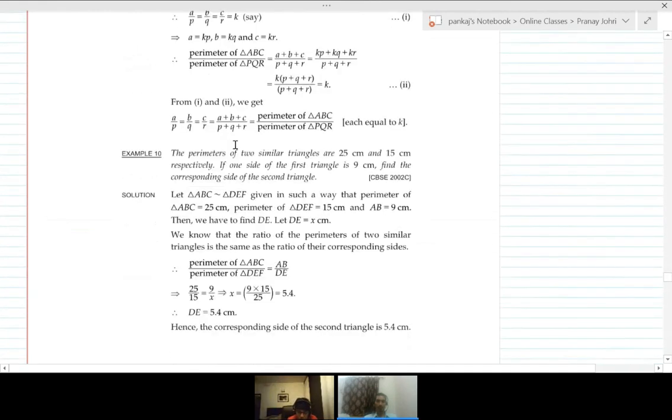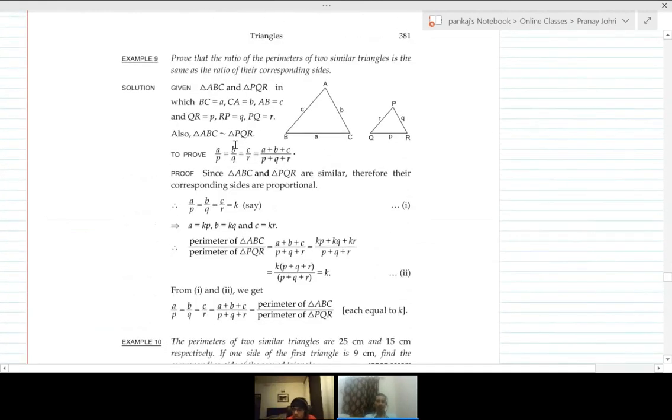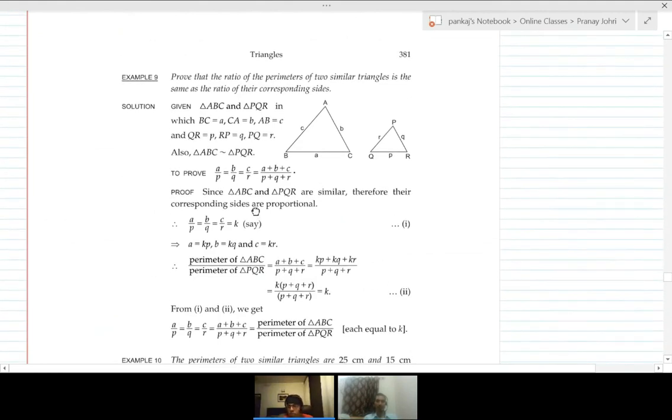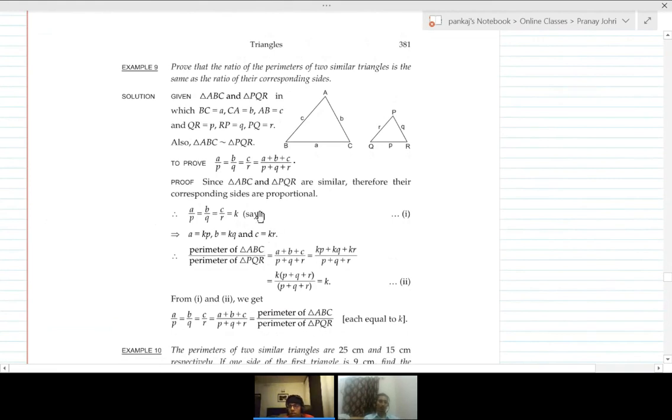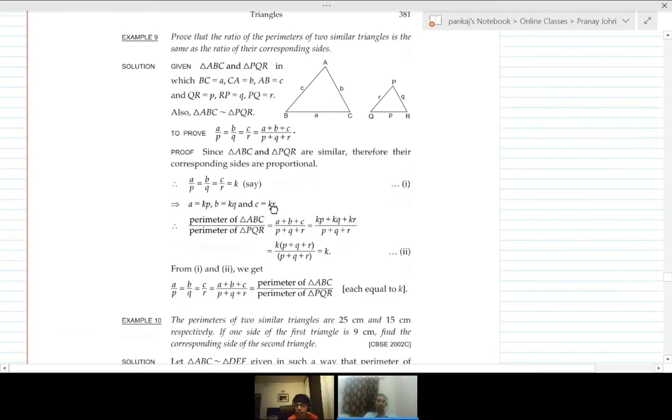And this was the question I wanted to do. Ninth: The ratio of perimeters of two similar triangles is the same as the ratio of the corresponding sides. Now, without going into this, just read the 10th example.